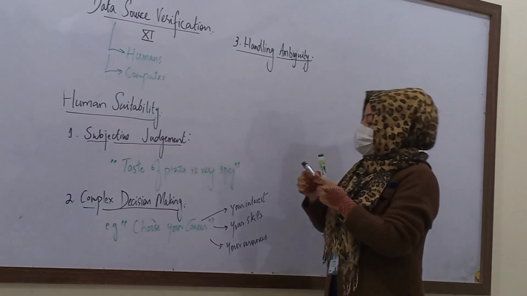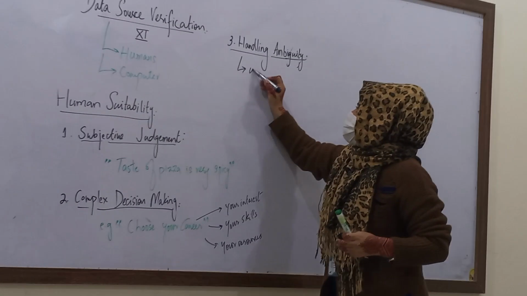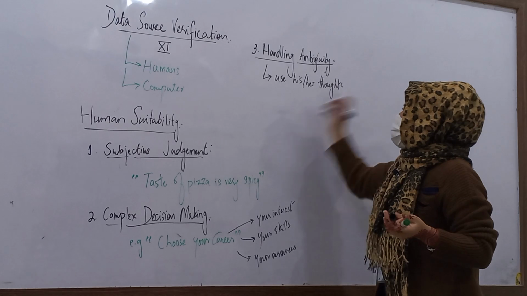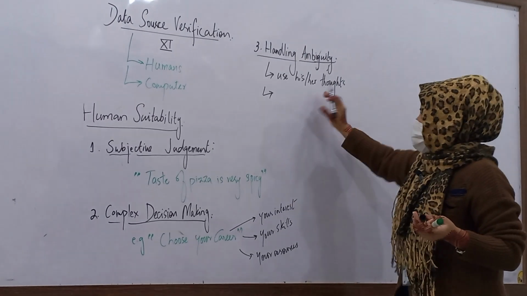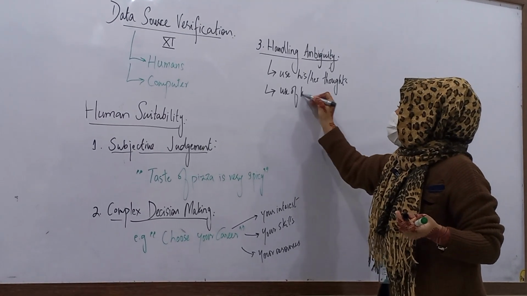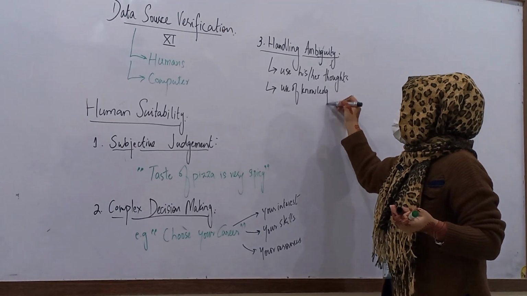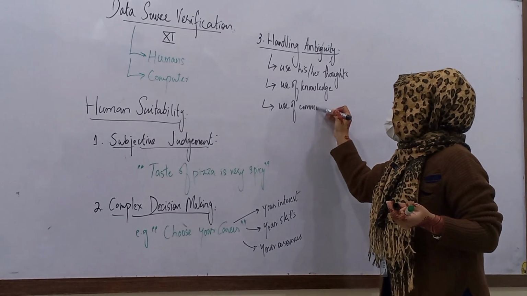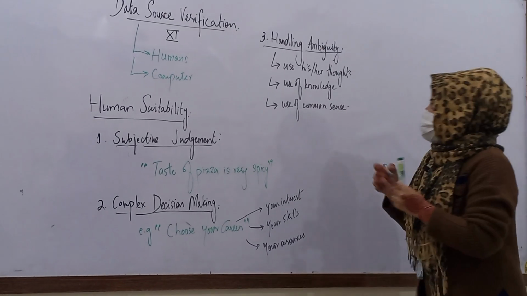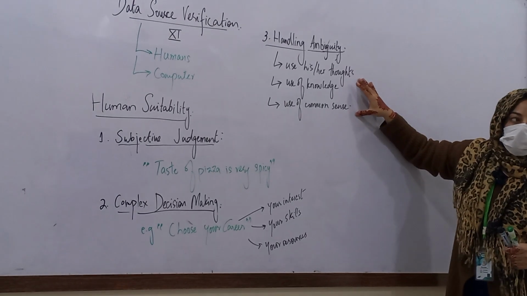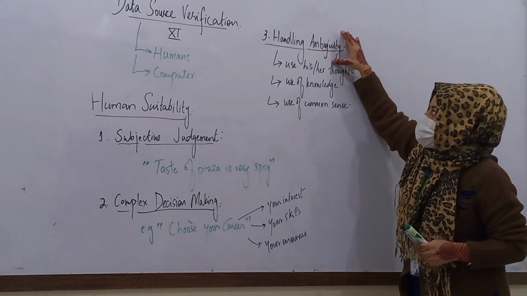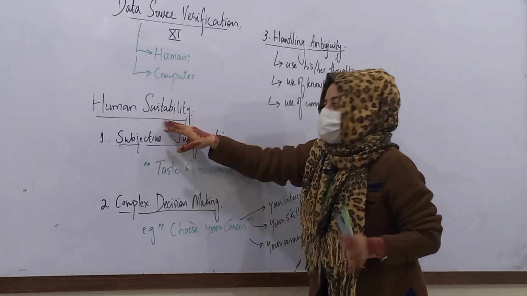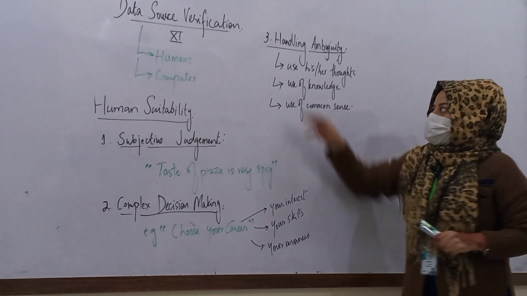So in handling ambiguity, a human can easily use their own thoughts, right? Use of thoughts, use of knowledge, use of common sense. Depending on these three factors, a human is capable of dealing with any kind of ambiguity. So in this process, again, a human is more suitable as compared to a computer.